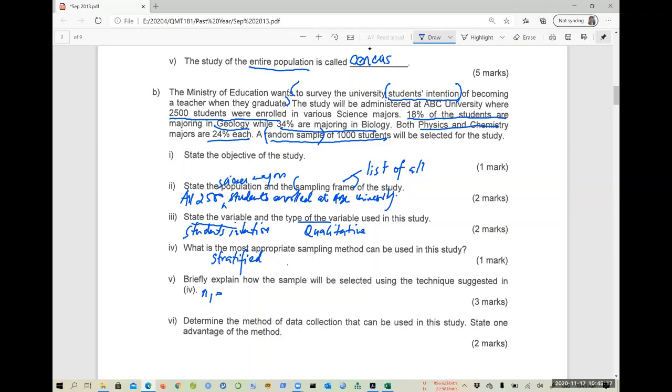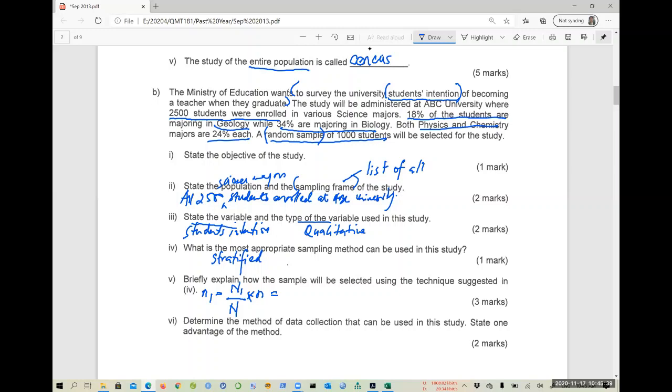So that means small letter N1 divided by the total population, that is 2,500, and then multiplied by the number of samples required, that is small letter n.